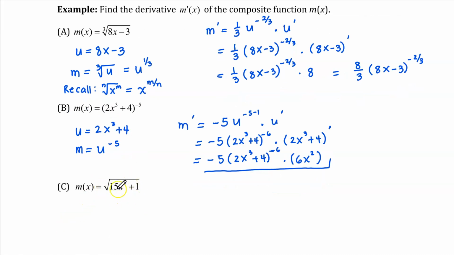Now for the third function here, we will also express this in terms of u. Our u in this case is 15x squared plus 1. Therefore, m is the square root of u. Then write this in exponential form.